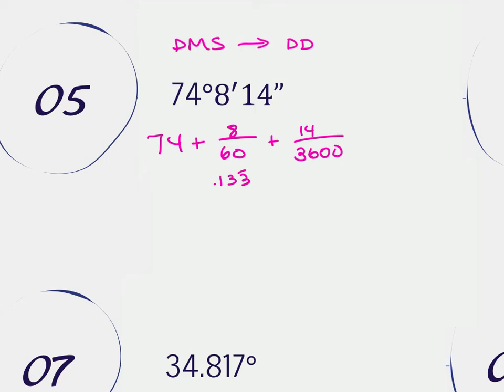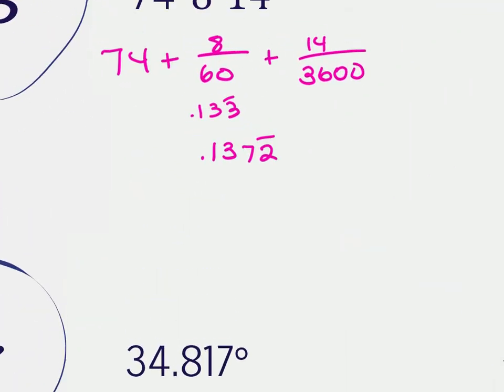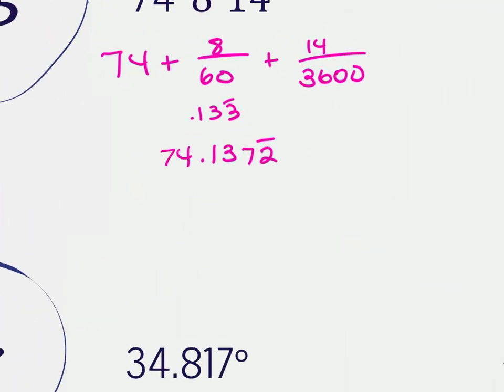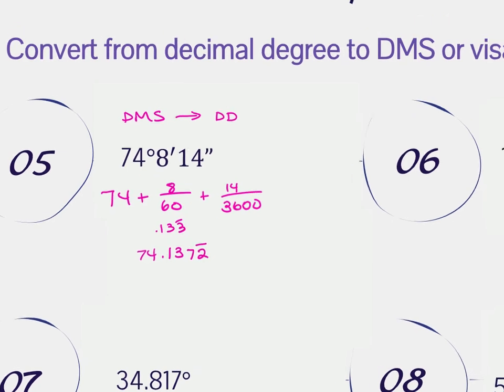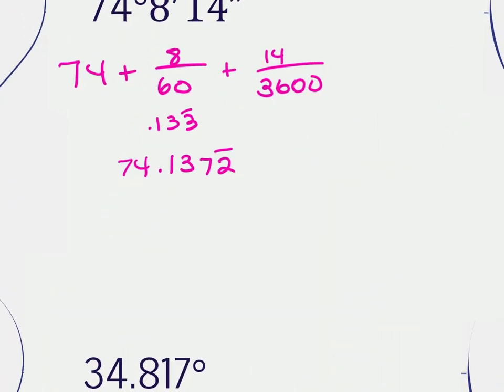To that I add 14 divided by 3,600, and I get 0.1372 repeated. And 74 is the degree part of that, so that gets on the front. Let me tell you what it says to round to.